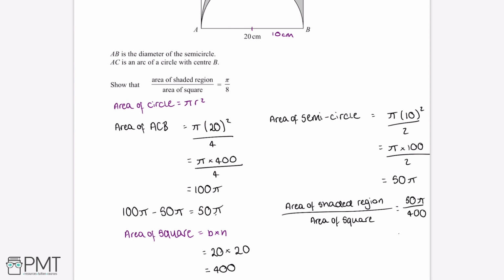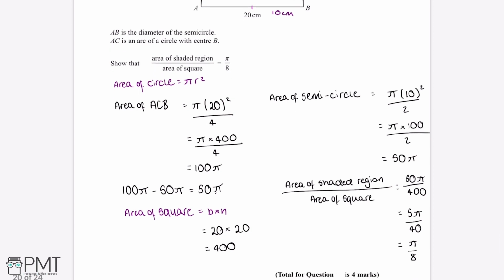And if we simplify this down, we can first divide both the numerator and the denominator by 10, which gives us 5 pi over 40. And then we can divide both the numerator and the denominator by 5, which gives us pi over 8. So as we can see, we've shown that the area of the shaded region divided by the area of the square is equal to pi divided by 8.